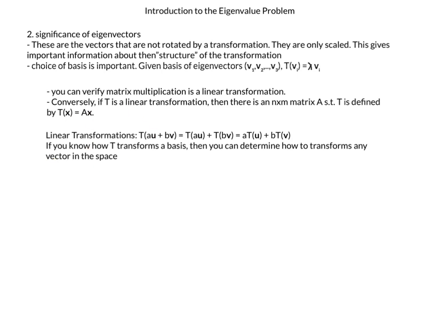And the thing about linear transformations is T of aU plus bV, where a and b are scalars and U and V are vectors, is equal to a times T of U plus b times T of V. And the key is if you know how T transforms a basis, then you can determine how it transforms any vector in the space.